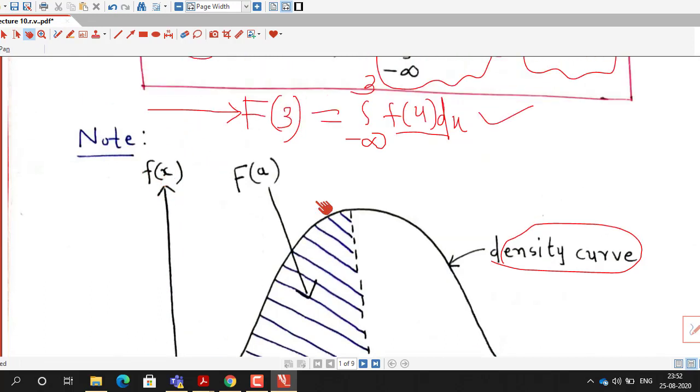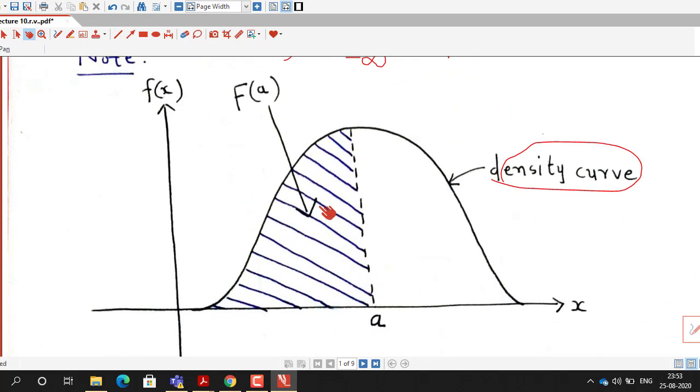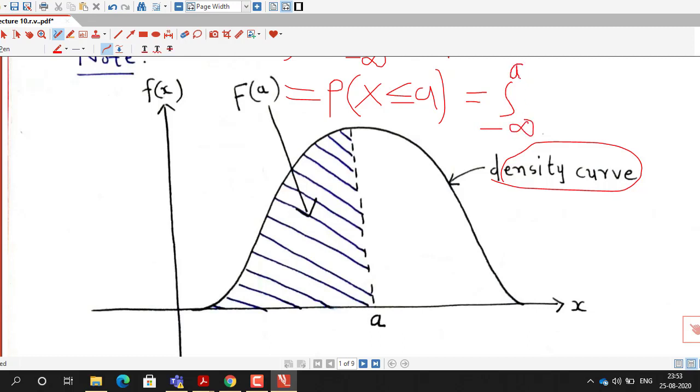Now if I want to find the value of the CDF, the cumulative distribution function, at any point A, then by definition F of A is nothing but the probability that capital X is less than or equal to small a, and by the definition of CDF this is the integral from minus infinity to a of f of x dx.